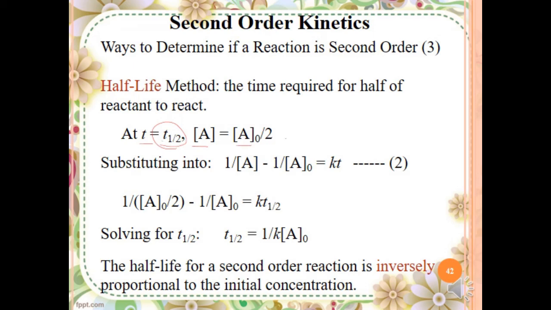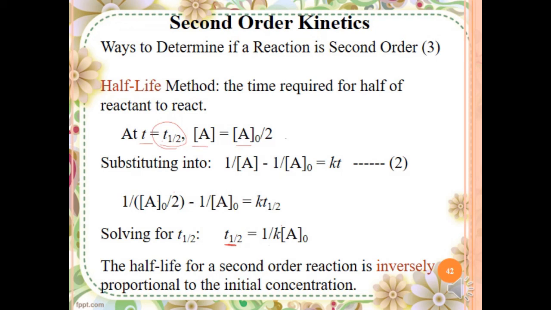We substitute this into the integrated second order equation. We get 1 over A naught divided by 2 minus 1 over A naught equals k t half. We rearrange this to solve for t half, so we get 1 over k times A naught.